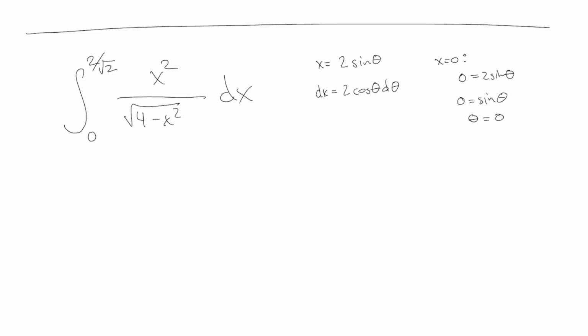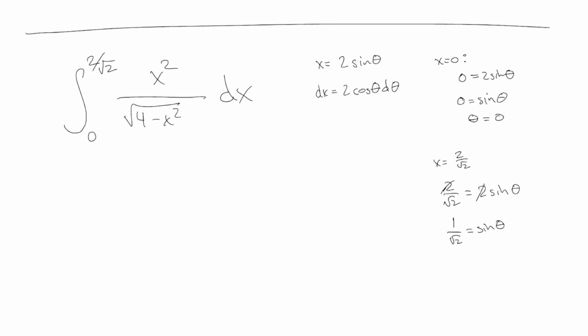All right. The other boundary value would be x equals 2 over root 2, so 2 over root 2 equals 2 sine theta. We can cancel these 2's on either side. Dividing both sides by 2 gives me 1 over root 2 equals sine theta.